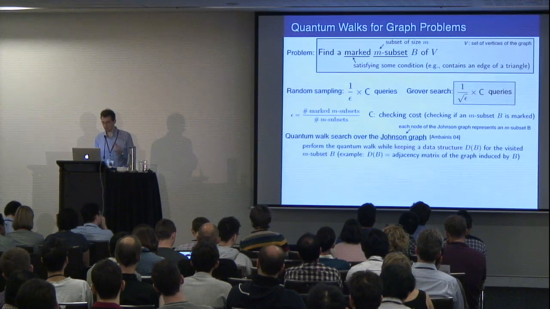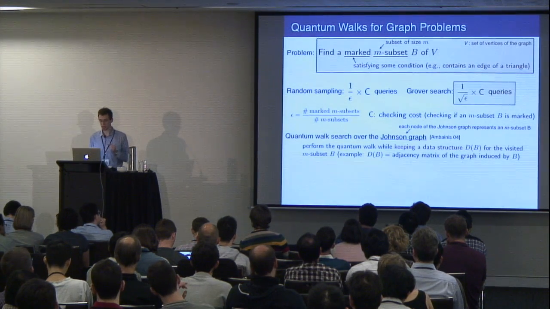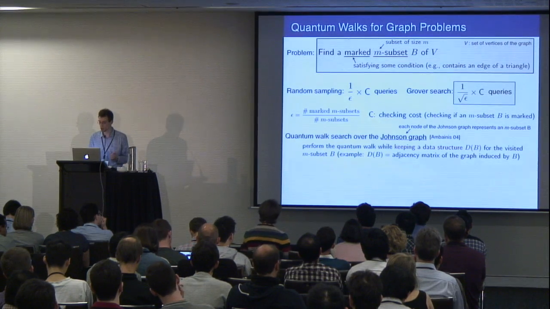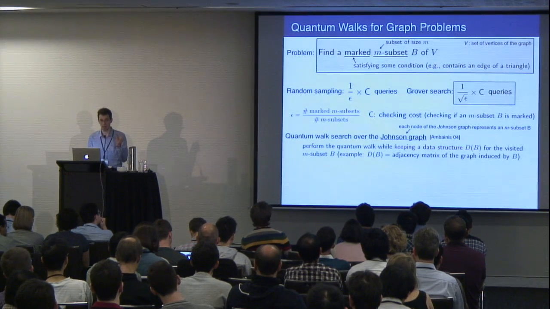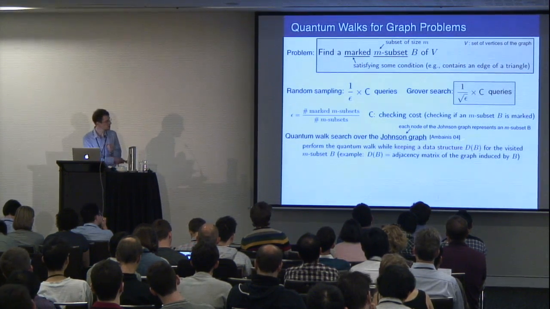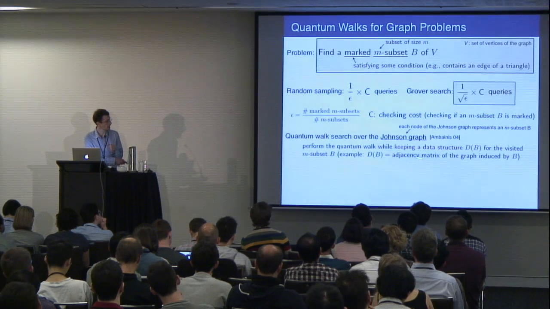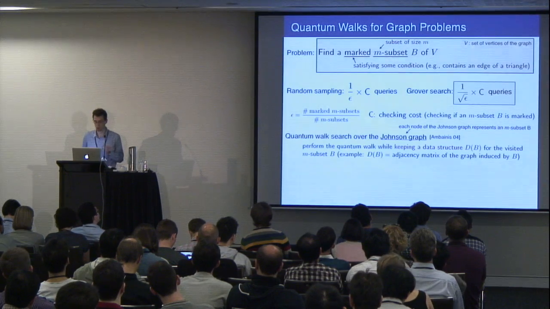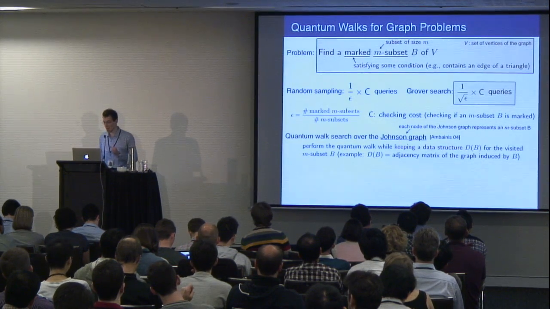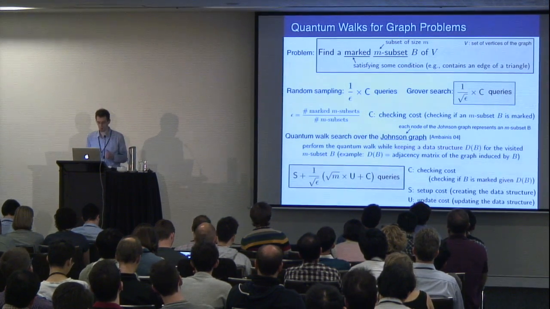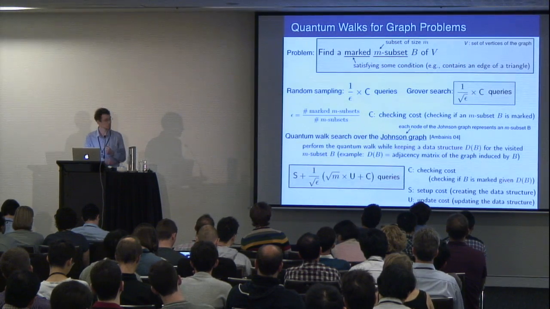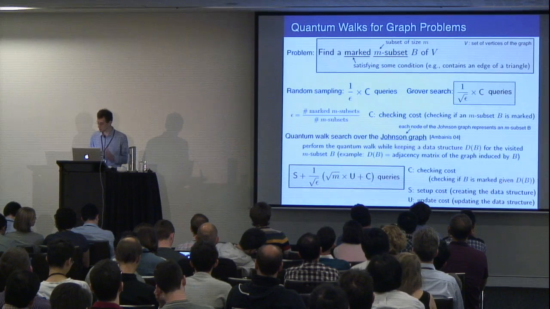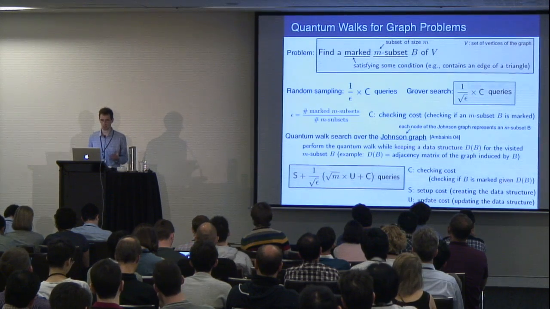Okay? And the key idea in quantum walk search is to perform the quantum walk while keeping a data structure for the visited node, the visited M-subset. So for instance, the data structure can be the adjacency matrix of the graph induced by the subset corresponding to the visited node. And the complexity of such a quantum walk search is given by this formula. The point is that we are working with a data structure, so we need to maintain the data structure.